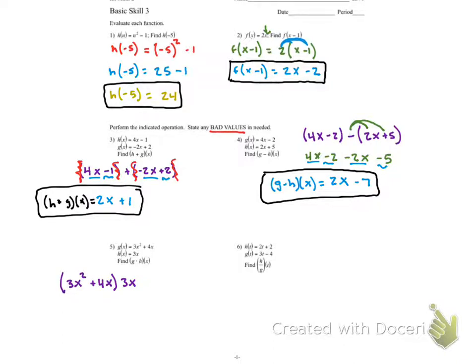So first thing we do, 3x times 3x squared. 3 times 3 is 9. x squared times x gives us x cubed. Then we do 4x times 3x. 4 times 3 is a positive 12. x times x is x squared. So g times h of x is equal to 9x cubed plus 12x squared.